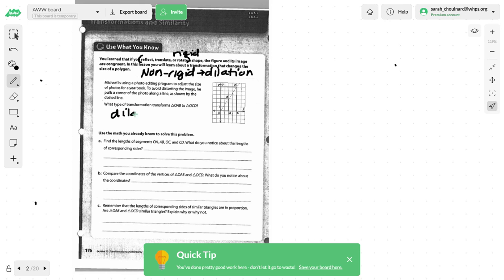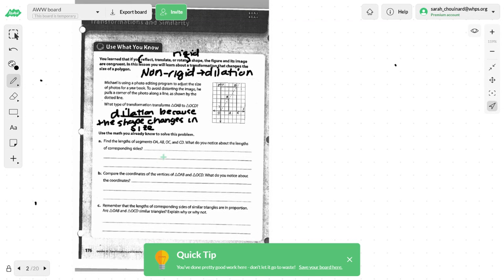It is a dilation because the shape changes in size. So anytime a shape changes in size, we call it a dilation, and it's a non-rigid transformation.